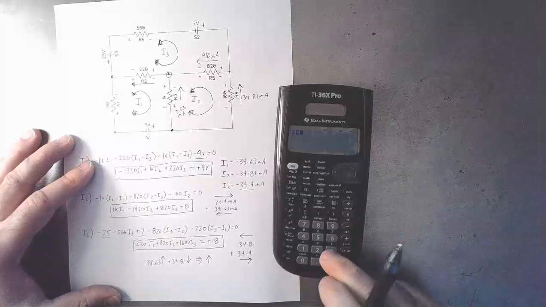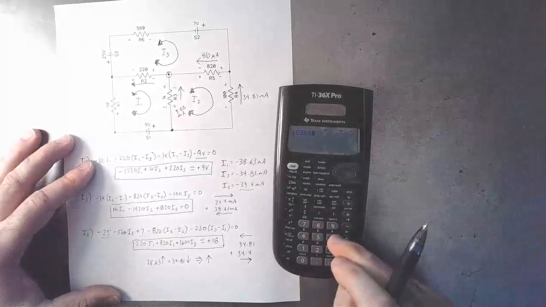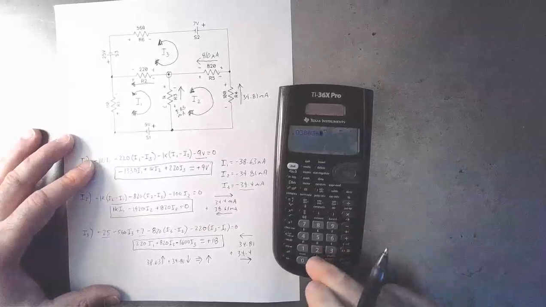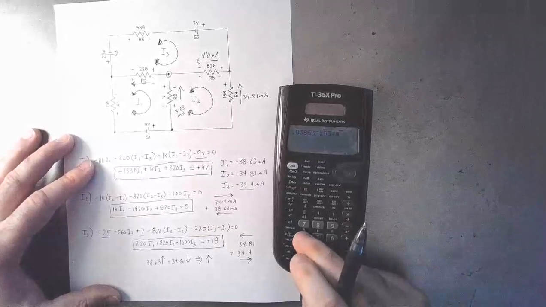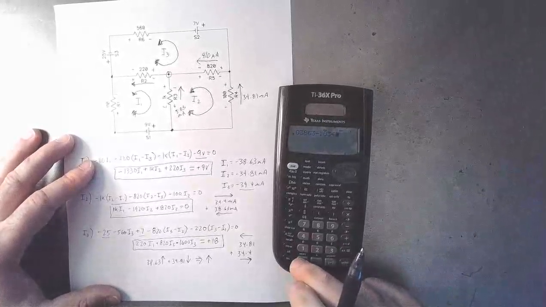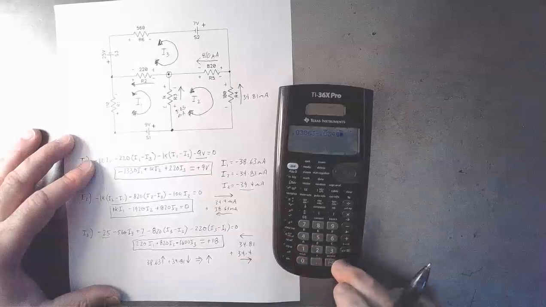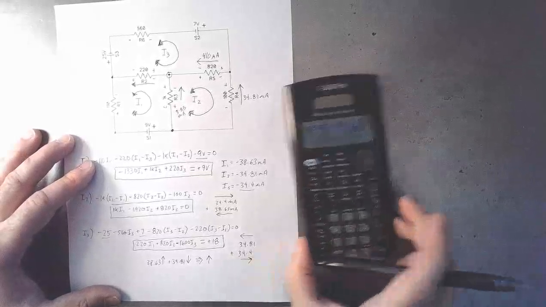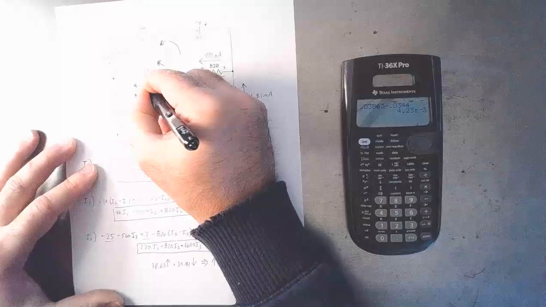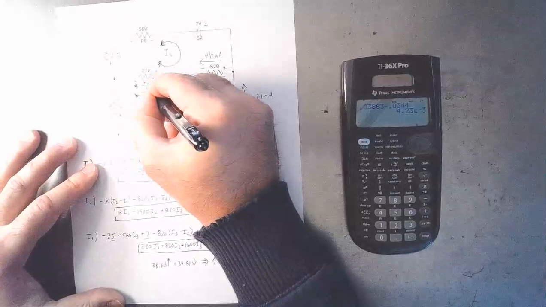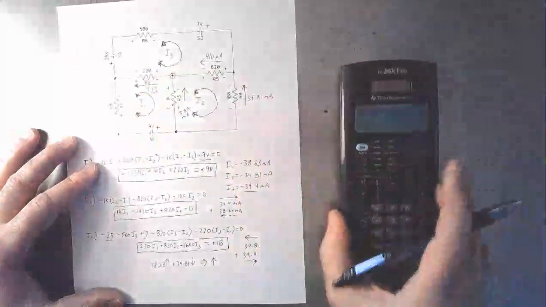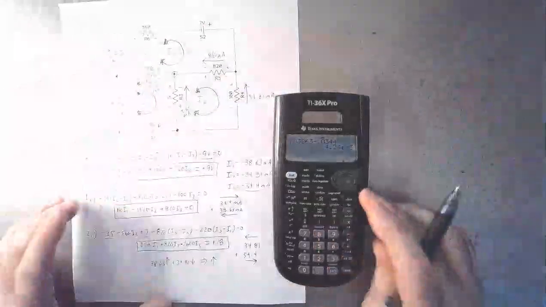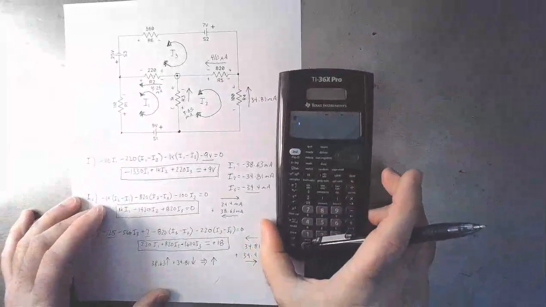So 38.63 minus 0.034 4 equals 4.23 milliamps. So 4.23 milliamps, and I have been doing some rounding here, so I don't expect this to total up to exactly 0, but it should be pretty close to 0.